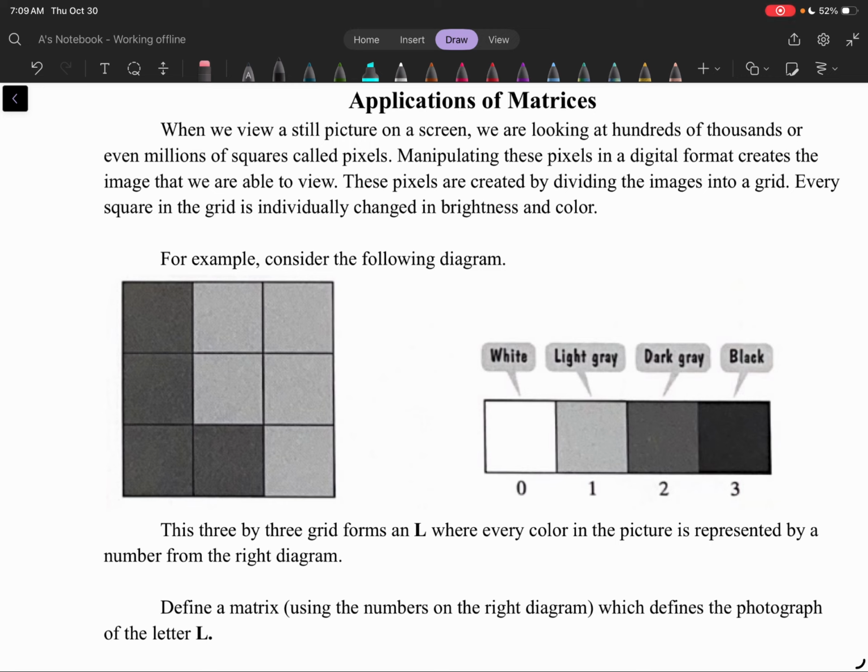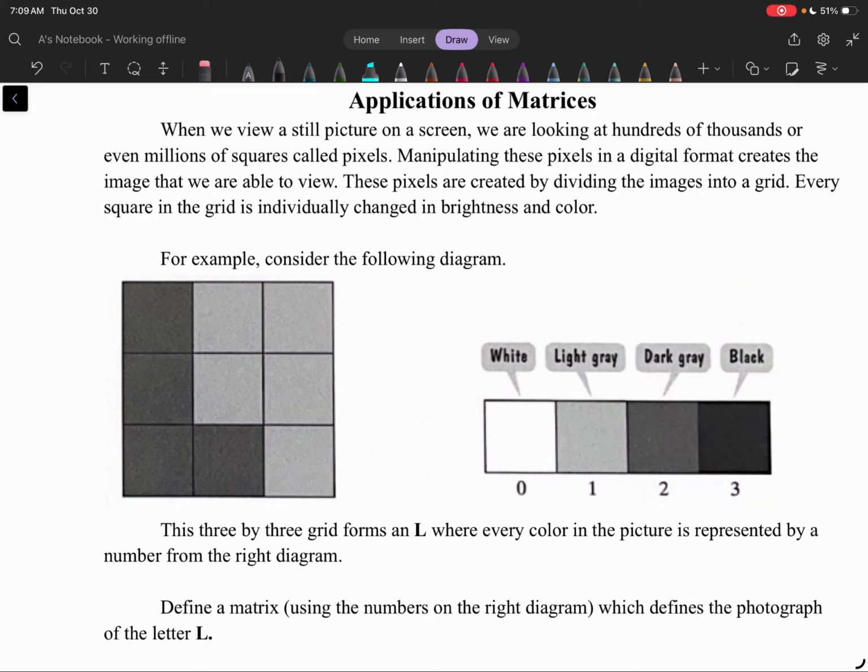For example, consider the diagram of the capital L below. On the left, we can see the still image L because we're not moving the screen. You can take a picture of it. This capital L is formed using a grid of 4 colors, being white, light gray, dark gray, and black.